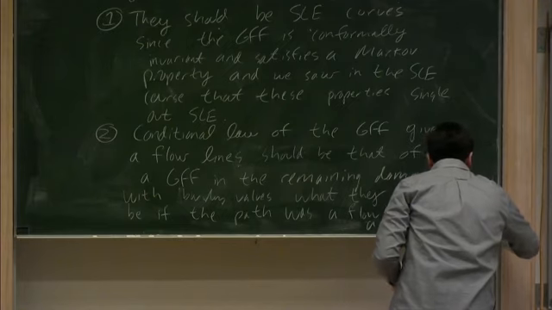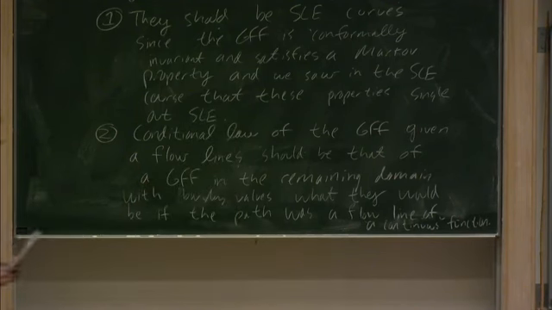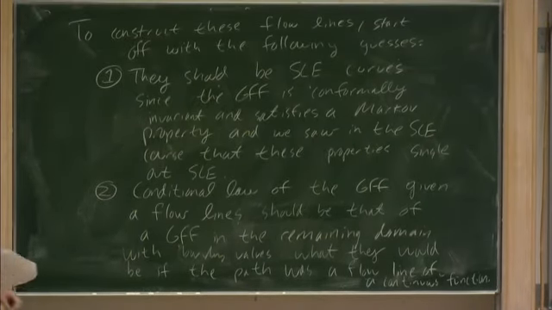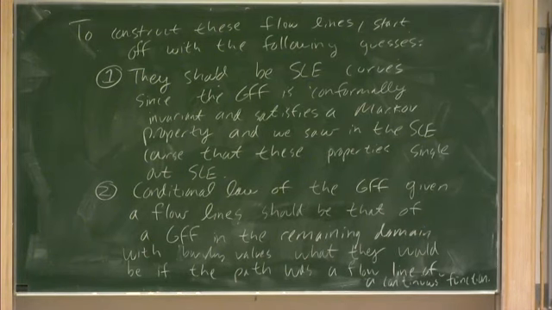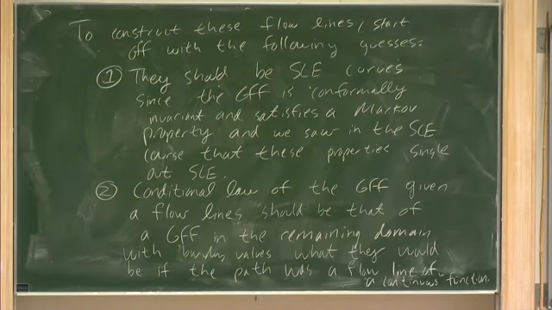Okay, and the reason for this is what I said before, that in the case of an ordinary continuous function, changing the values of your function off the range of the path doesn't change the flow line itself. So in other words, if you see the flow line, it doesn't tell you anything about what the function is doing off the range of it.